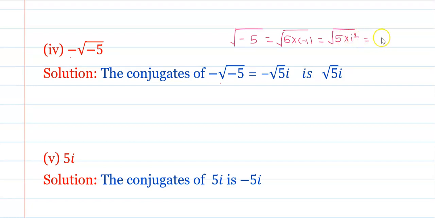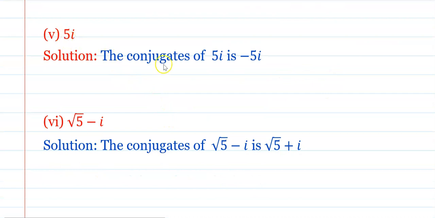Okay, and hence the square root of i square is again i, and hence it is written as root of 5i. But here we have the minus sign, and hence the given complex number is minus root 5i, and hence its conjugate. म्हणजे इथे minus sign आहे, then it's a plus, that is the root of 5i. Okay. Next, the conjugate of 5i is minus 5i.